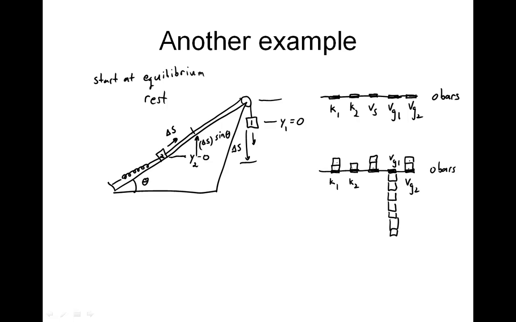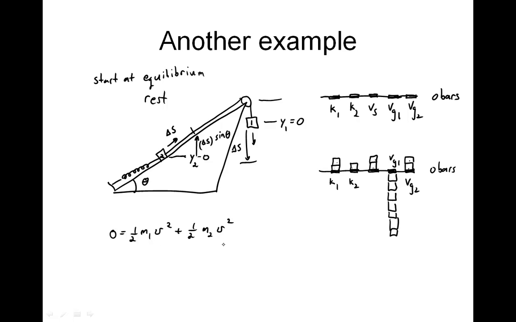And so my equation would look something like this. 0 equals 1/2 mass 1 speed 1 squared plus 1/2 mass 2 speed 2 squared. But before we go too much farther, 1 and 2 are connected by a string that goes around a single pulley. They had to have moved the same distance over the same amount of time.